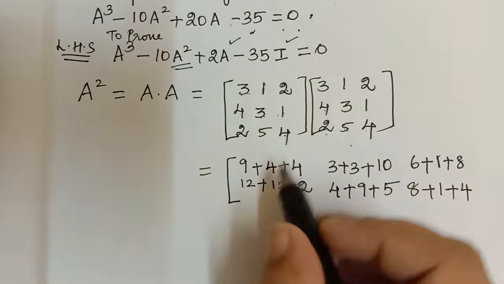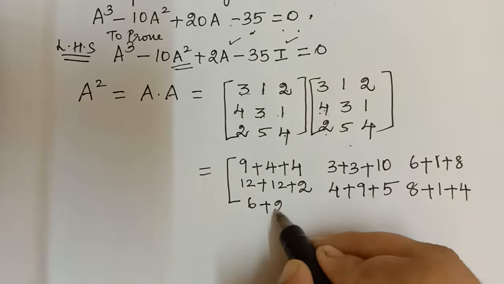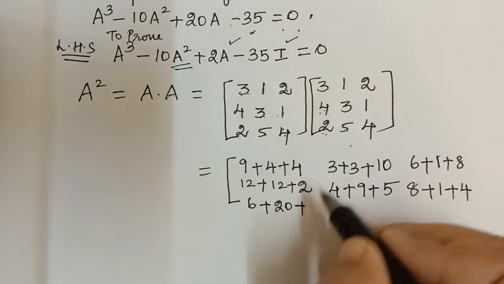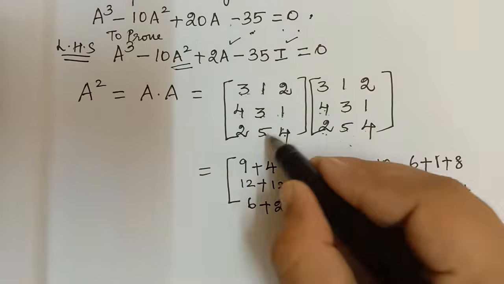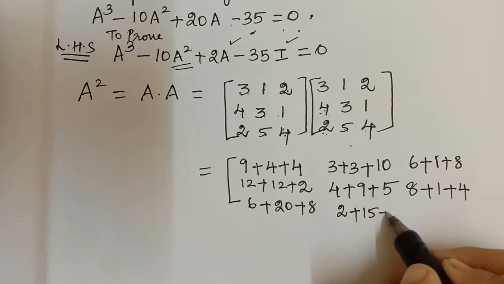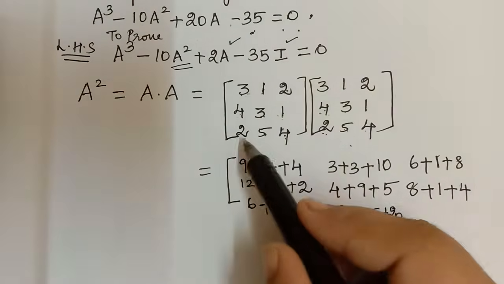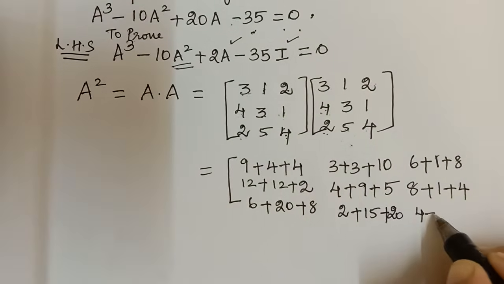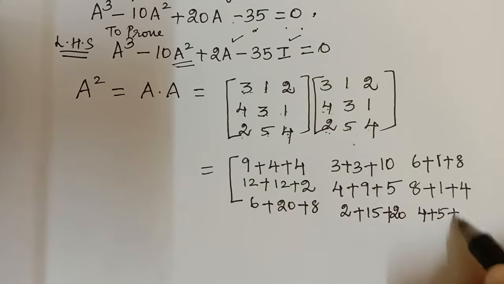So 2 3 times is 6, plus 5 4 times is 20, plus 4 2 times is 8. And here 2 1 times is 2, plus 5 3 times is 15, plus 4 5 times is 20. And then 2 2 times is 4, plus 5 1 times is 5, plus 4 4 times is 16.